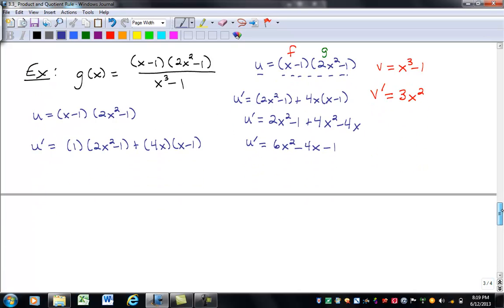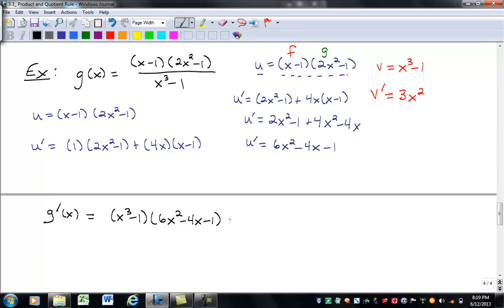So now I can use the quotient rule to find this derivative. It's low, that's x cubed minus 1. D high, that's the derivative of my u, that's 6x squared minus 4x minus 1.